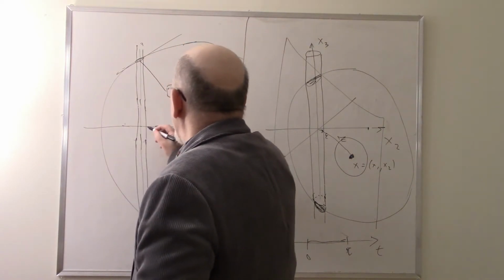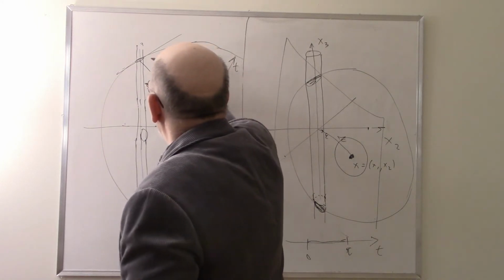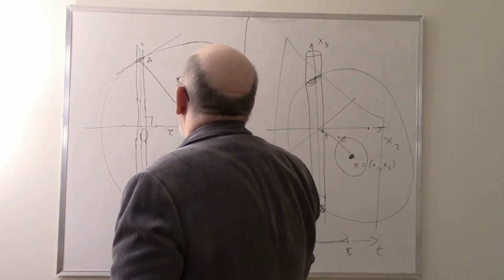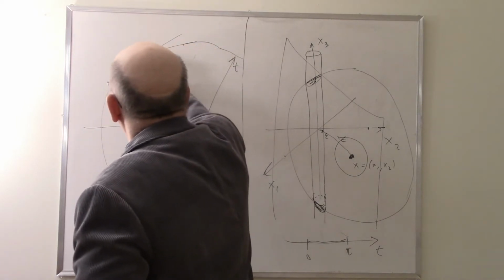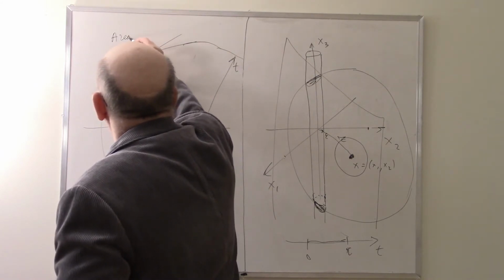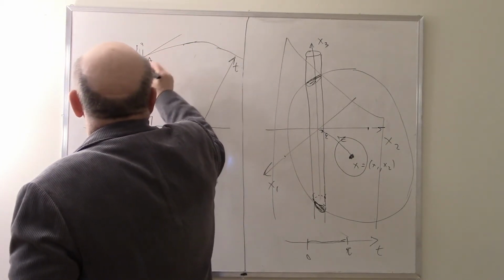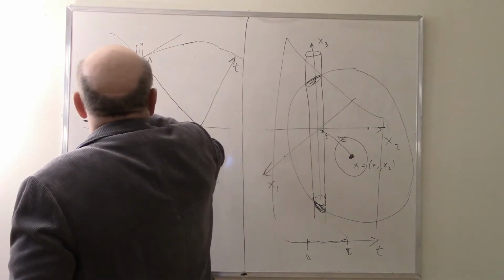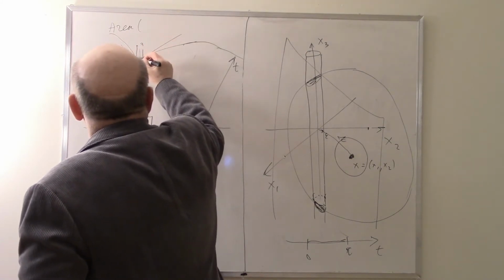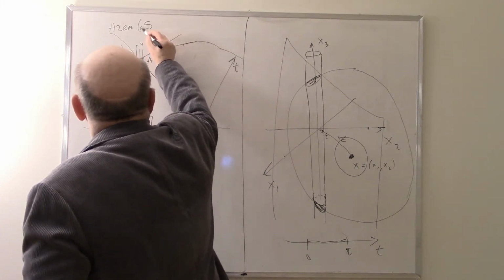Consider this triangle, say it is point O, it is point X, and this is point A. Yes, this is a right angle, and let us call the area of this small piece ds.